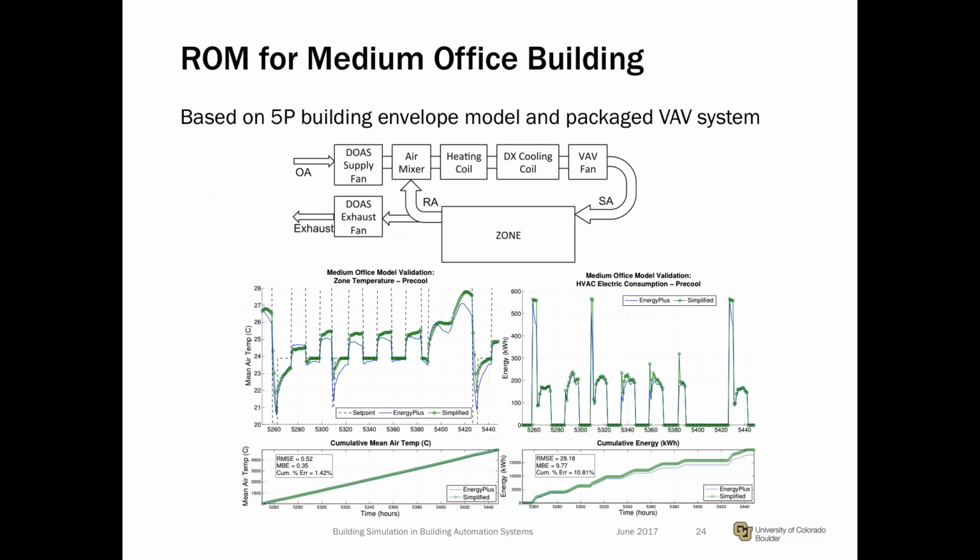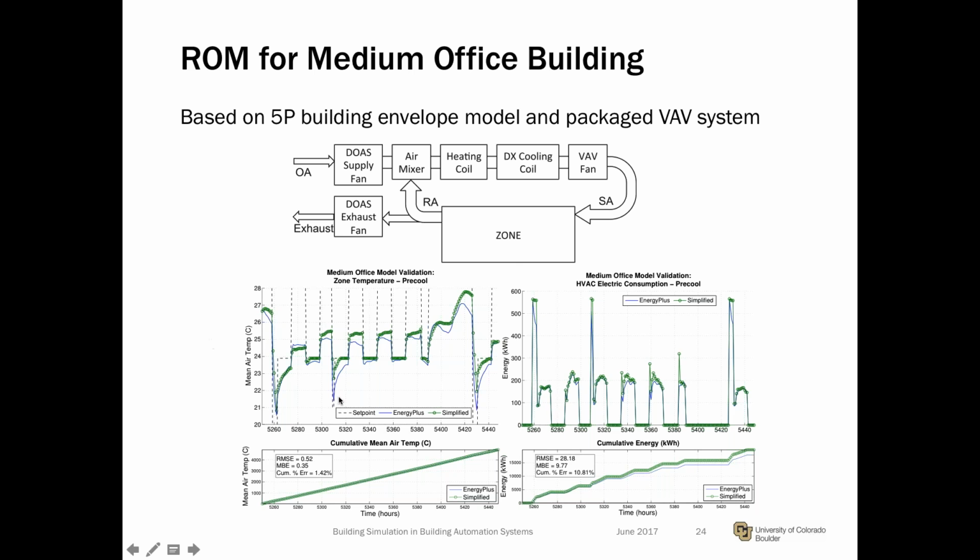We developed a set of reduced order models for this, here shown for a medium office building, where we have a single zone model and a number of HVAC component models around that. So we're not utilizing EnergyPlus or a large commercial grade simulation software for that.